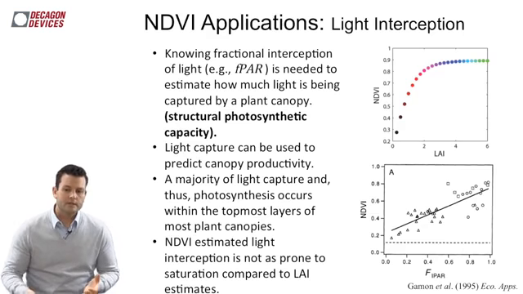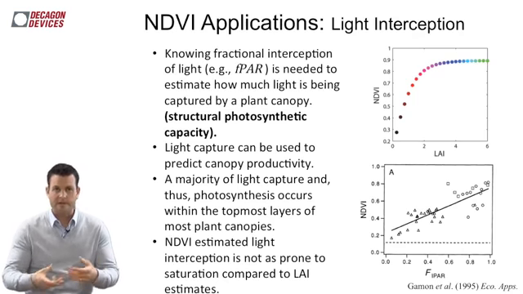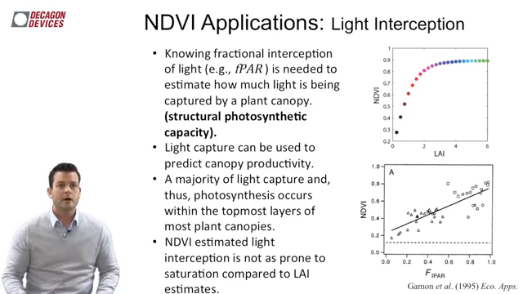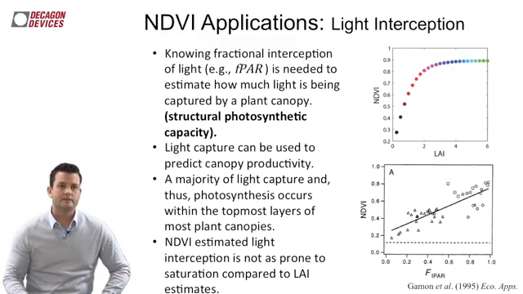In other words, it can give us a sense of how much light is being absorbed by a canopy. And if we assume for a second that the canopy is acclimated to its environment and could use all of that light energy, then knowing the fractional light interception would give us some indication of photosynthetic capacity.